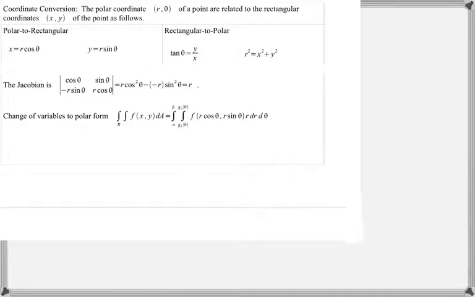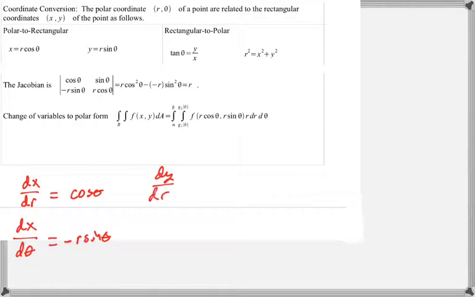So for the Jacobian, we set up this little matrix here, and it is dx dr. So dx dr would be the cosine of theta, and then dx d theta would be negative r sine of theta. dy dr would be the sine of theta, and then dy d theta would be equal to r cosine of theta.